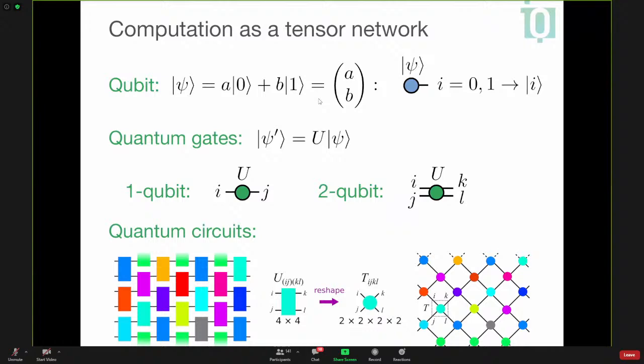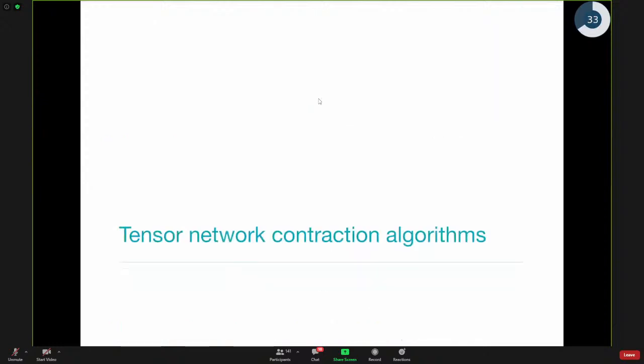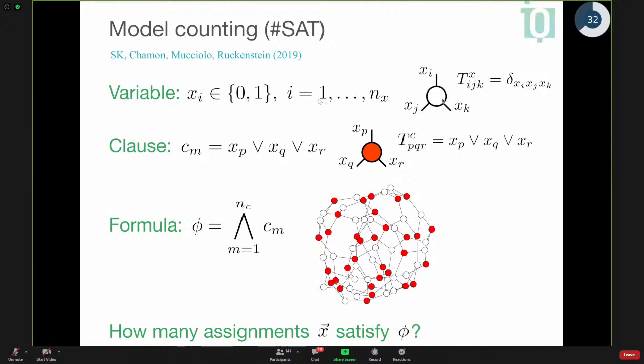Okay, and perhaps here I can show you a bit these satisfiability problems, right? So you have Boolean variables, these xi variables, they take values 0 and 1. That's it. These can be represented as tensors. I've written this here as a 3-leg tensor just because I want to copy the same variable to 3 legs because I want to pass it to 3 different interactions.